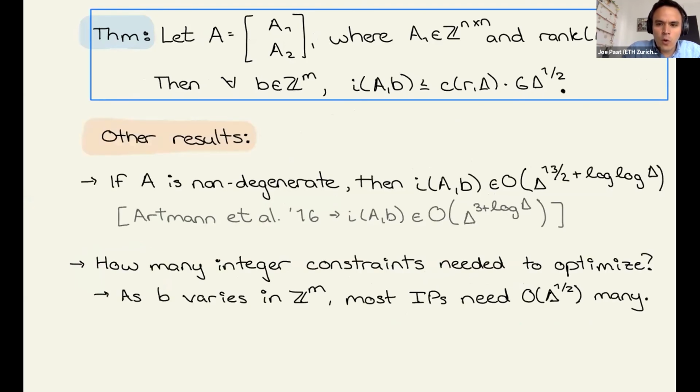Okay, so in the full version of the paper, there's a few other results. And in there, we also explore the question of, suppose you want to optimize in a non-zero direction. So you don't care about all of your integer hull, just one corner of it, how many constraints do you need?